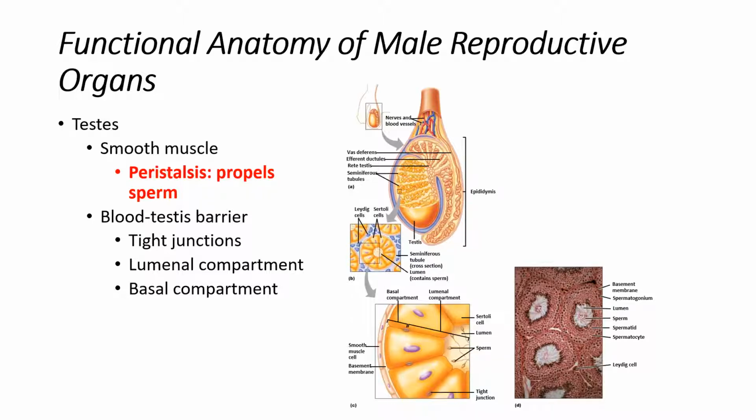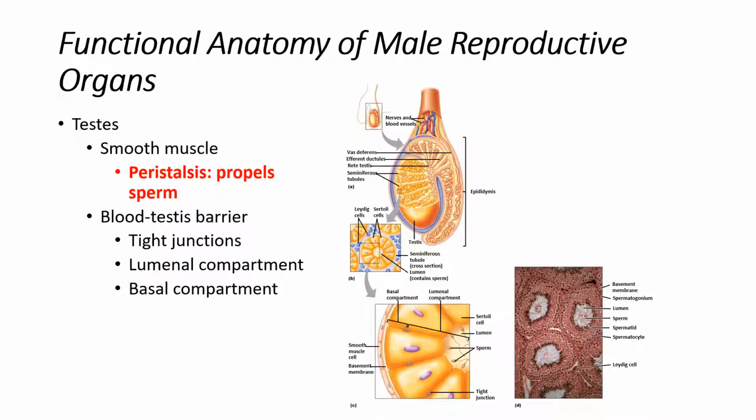We see a distinct barrier between the sperm that are developing and the underlying blood vessels that will be found out here. And that is the basal compartment and the luminal compartment that are really protecting sperm from being exposed to the underlying blood vessels that are nourishing the testis.